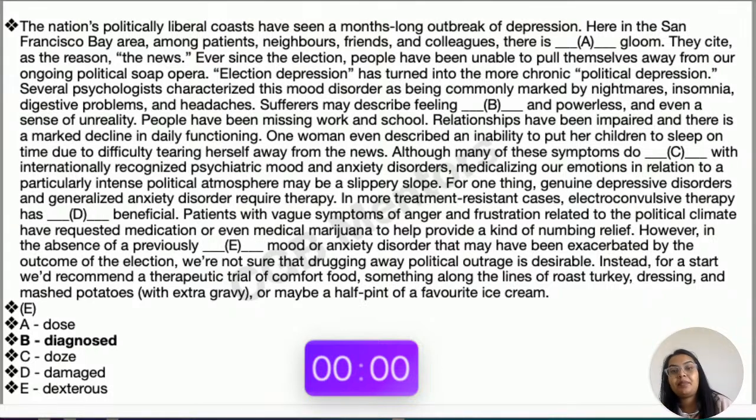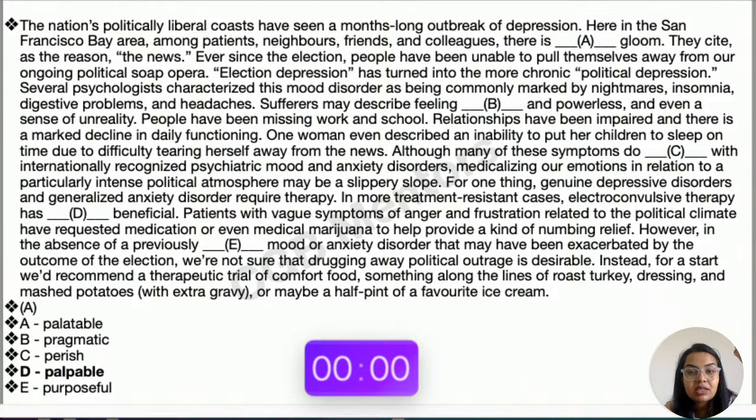Diagnose. Let me explain. As I said, first of all you are supposed to read because that will help you with the context. Sometimes, let's say there is a blank and more than one word could fit in just that statement or just that blank. But if you go through the passage, first of all, you will understand whether the tone is negative or positive, and what kind of content is given.